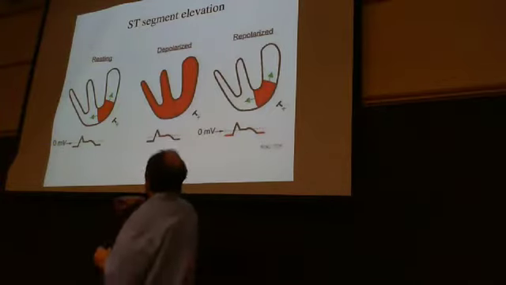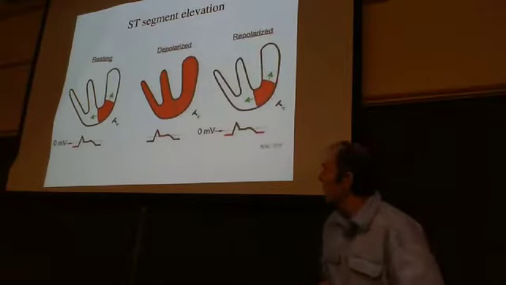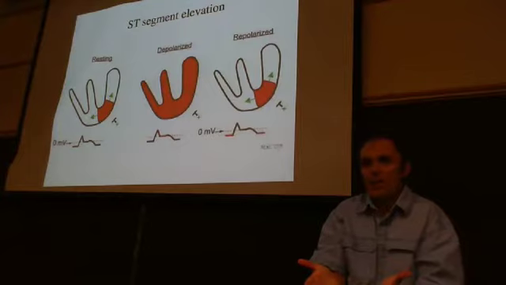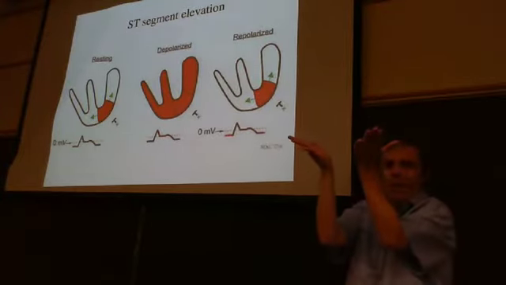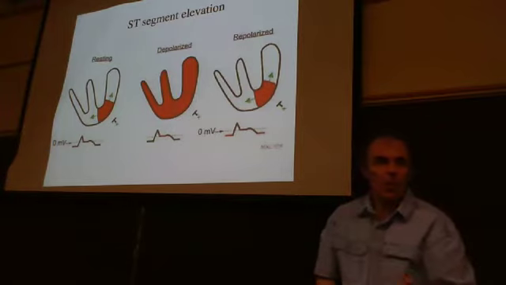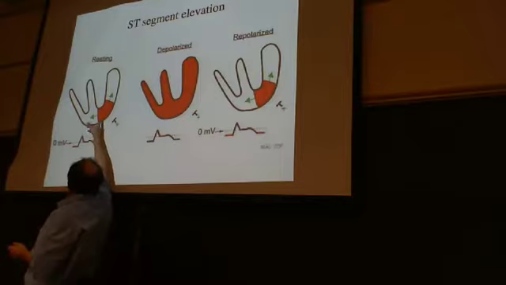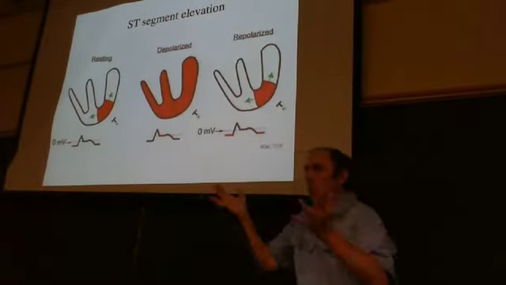We're going to represent that as the red region here. The rest of the heart sits at resting potential, but this injured area can't support a resting potential, so it's at a higher potential, usually close to 0. So that means there are dipoles in the resting heart. Usually the resting heart's uniform, there's no dipole.